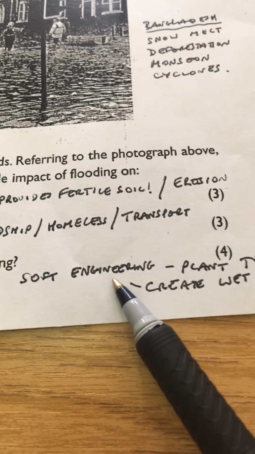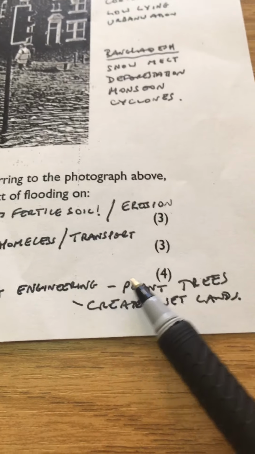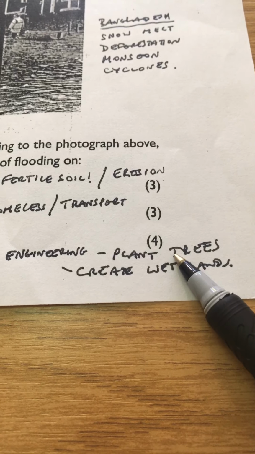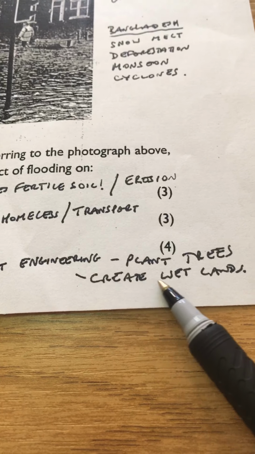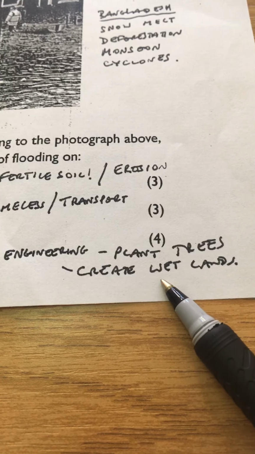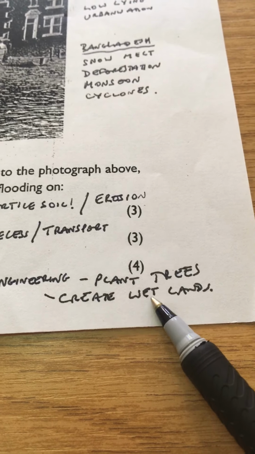And for soft engineering, a more gentle way, in harmony with nature, we can plant trees, especially in the upper course of the river, to absorb the rainfall, and we can create wetlands. Basically, that means let rivers have their floodplains back instead of building on them, which makes a lot of sense. And in some parts of the world, they're actually doing that.